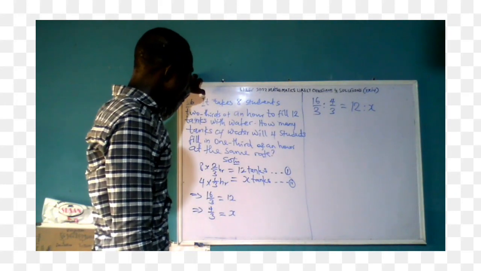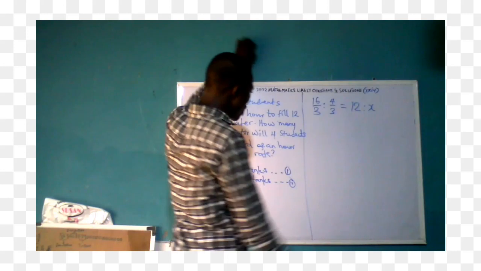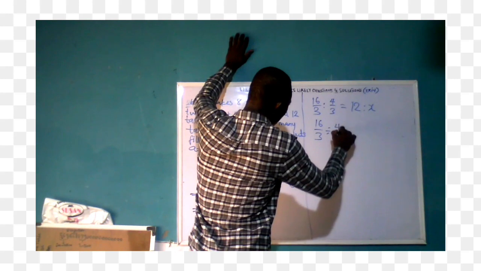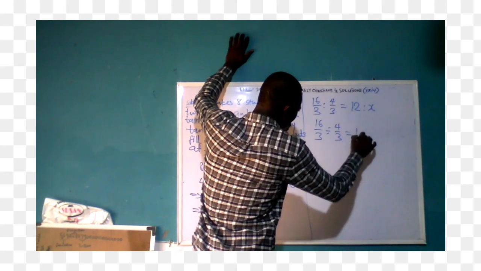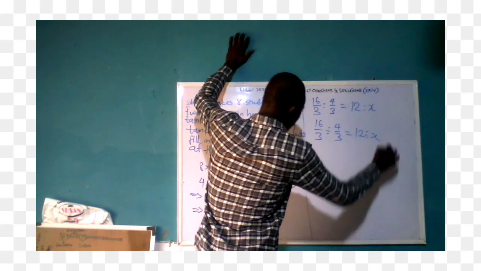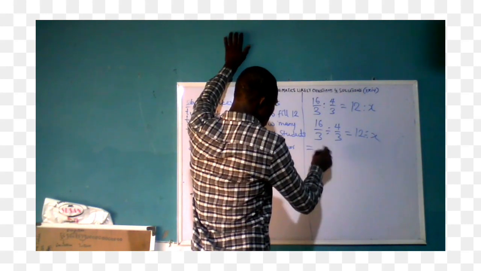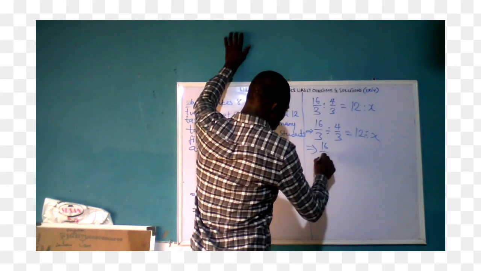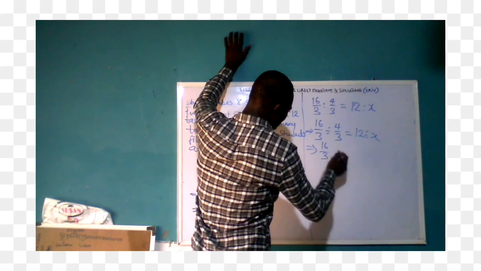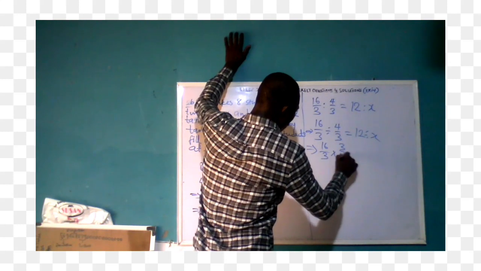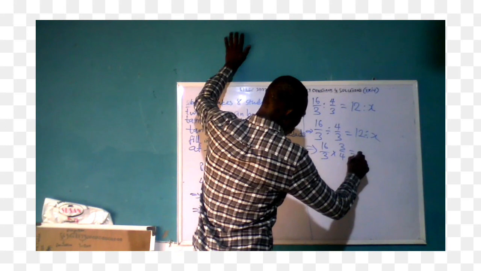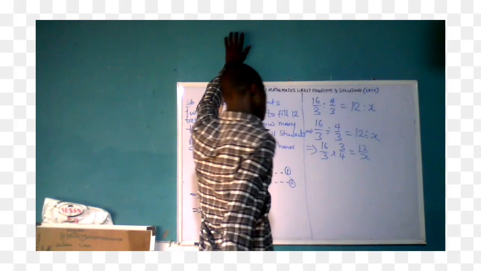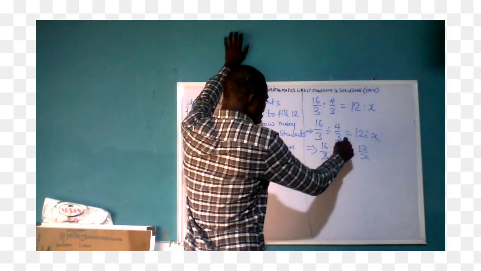What does this ratio mean? It means that 16 all over 3 divided by 4 all over 3 is equal to 12 divided by x. If you change the division sign to a multiplication sign, that implies 16 all over 3 multiplied by 3 all over 4 is equal to 12 all over x. Then we cancel out 3.